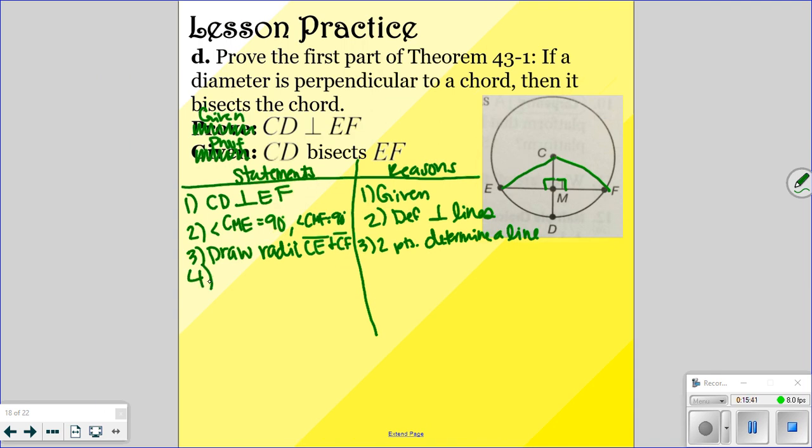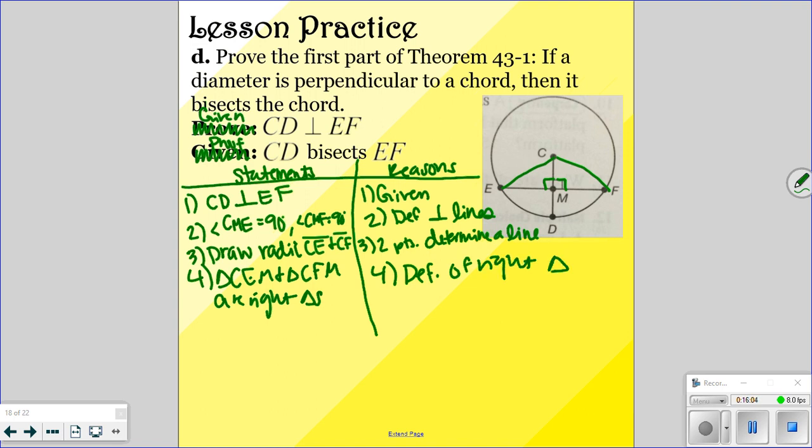Then from there, we know that these triangles are right triangles. So triangle CEM and triangle CFM are right triangles, and that's just from the definition of a right triangle, because they have a right angle.